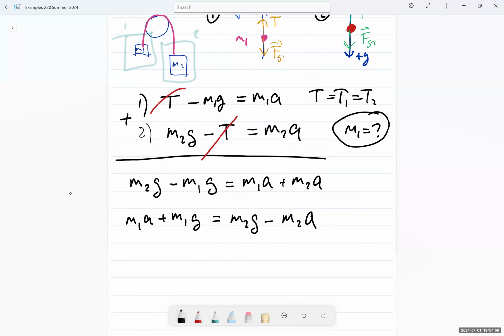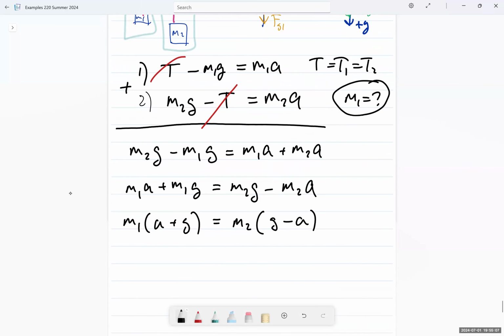Then factor out M1, so A plus G equals, and here I can factor out M2, G minus A. Then move the A plus G to the other side. So M1 is equal to M2 times G minus A over A plus G. And then finally, M1.